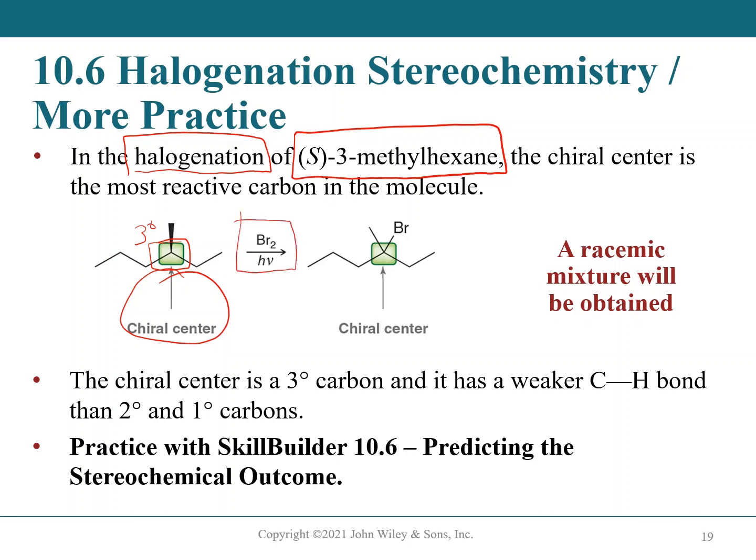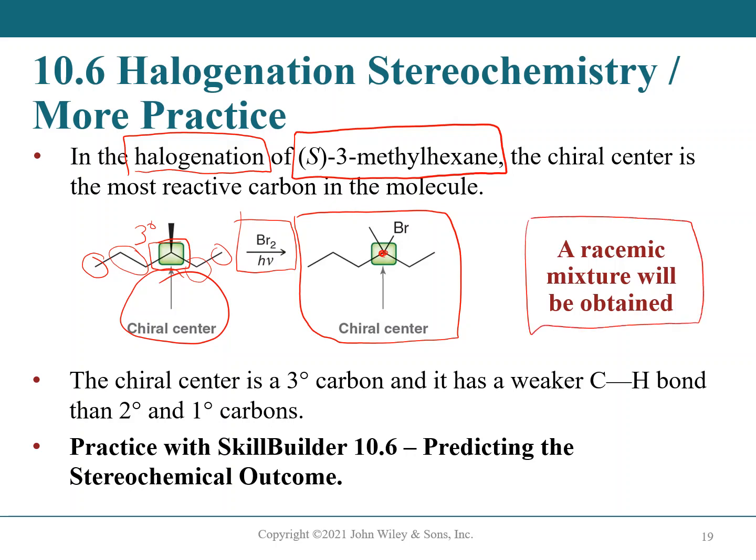That's 1,600 times more reactive than the primary carbons on the end, and you can do the math for 82 into 1,600 for its reactivity over the secondary carbons also found in the molecule. So most of the product is going to form the tertiary bromide. Again, we're generating a radical intermediate at this carbon, and since we generate a radical intermediate here, we're going to racemize it and generate a 50-50 mixture of both of those products.